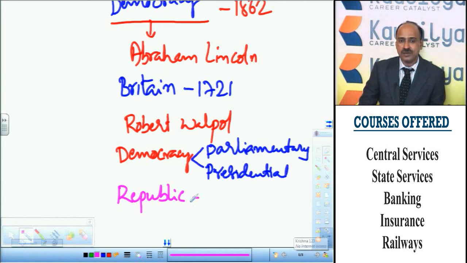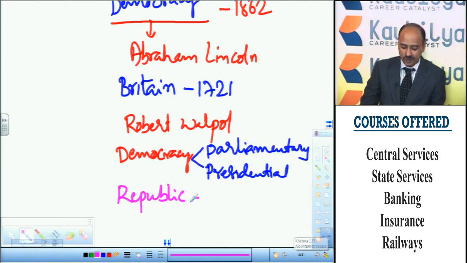America is a republic, Russia is a republic, but Britain is not a republic. Britain's head is the queen; after that a king or queen will come, but a president does not rule in Britain. That's why Britain is a parliamentary democratic kingdom. India is a parliamentary democratic republic. The president must be elected by the people either directly or indirectly.